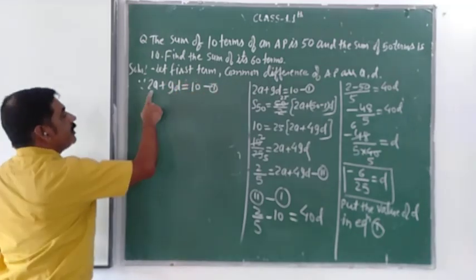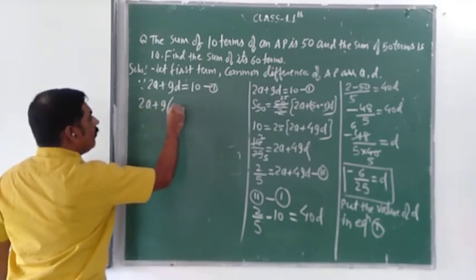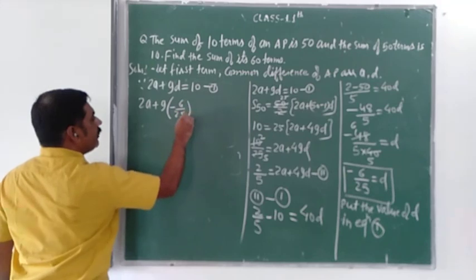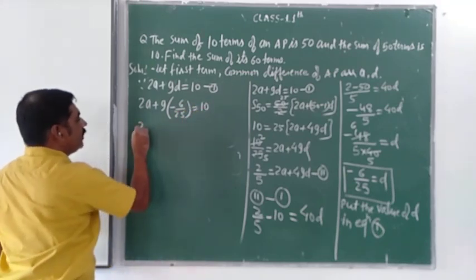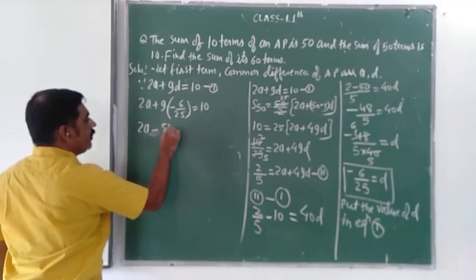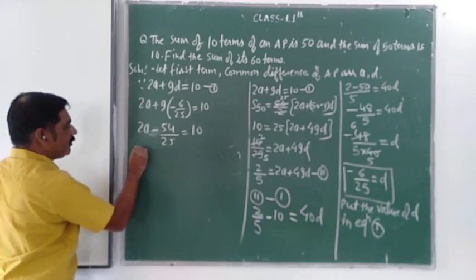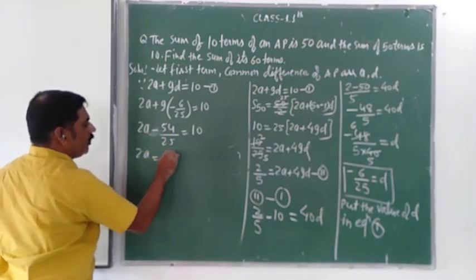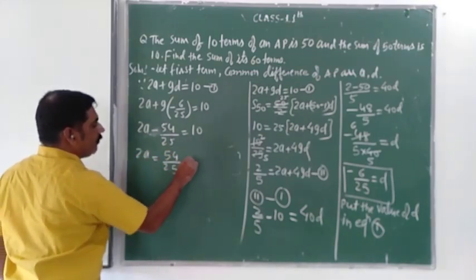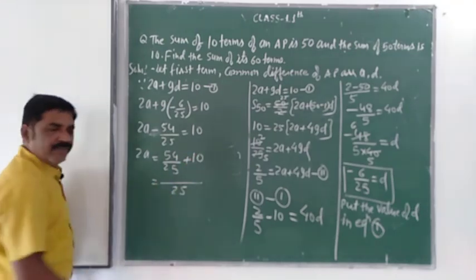Equation first is 2a plus 9d is equal to 10. So 2a plus 9, the value of d is minus 6 upon 25, is equal to 10. So 2a plus 9 6s are 54 upon 25 is equal to 10. Transfer. So 2a is equal to 54 upon 25 plus 10. LCM is 25.